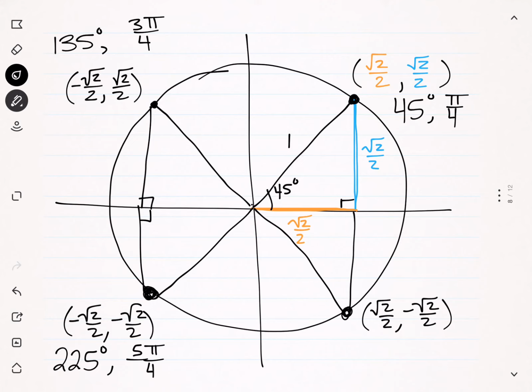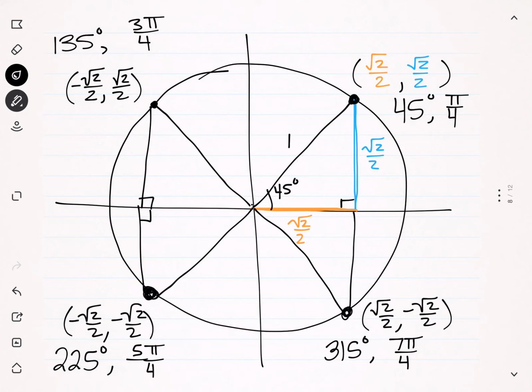And then in quadrant 4, we want 45 degrees less than 360 degrees. So that's going to put us at 315 degrees in standard position. And 45 goes into 315 7 times. So we want to take our radian measure, pi over 4, and multiply it by 7.